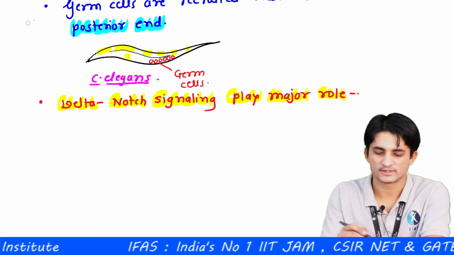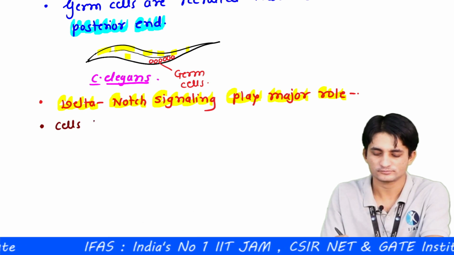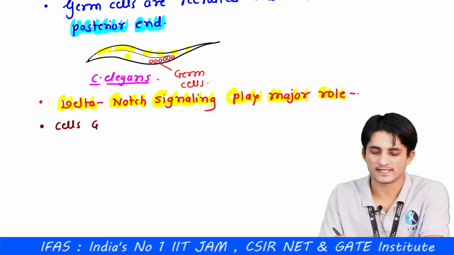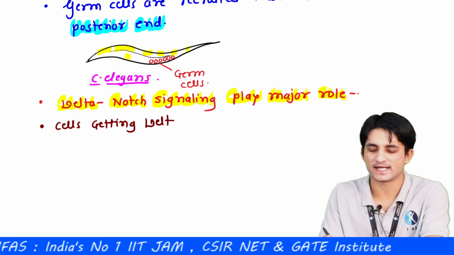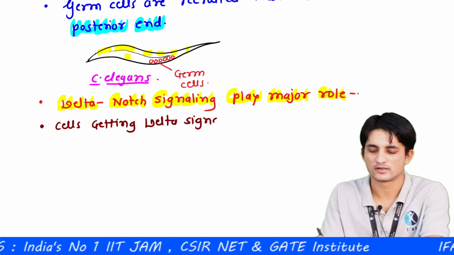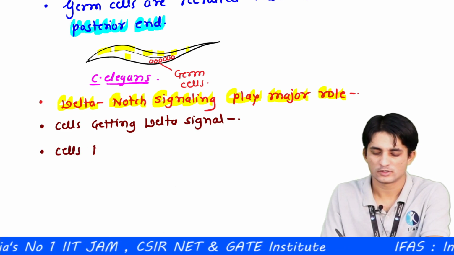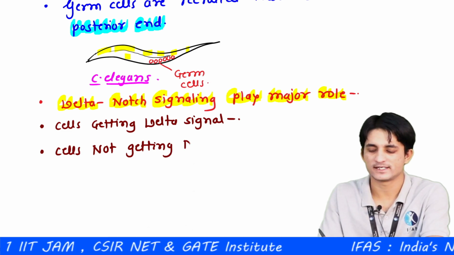So there are 2 points: cells getting delta signal and cells not getting delta signal.